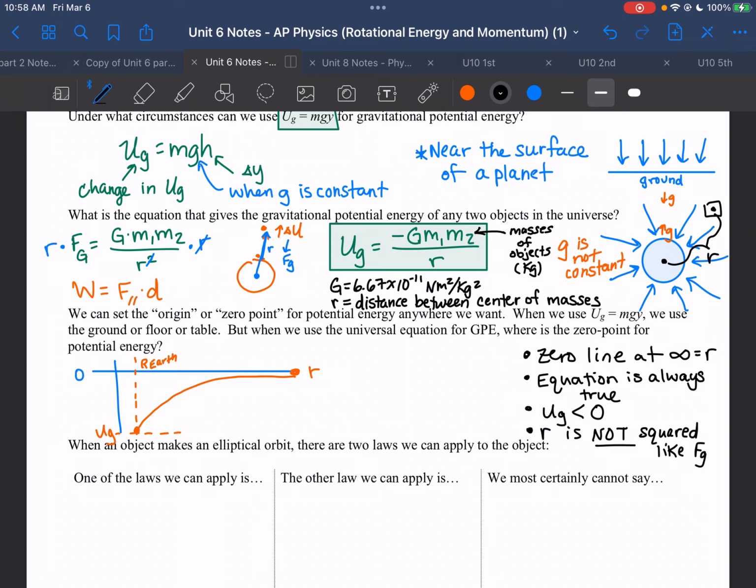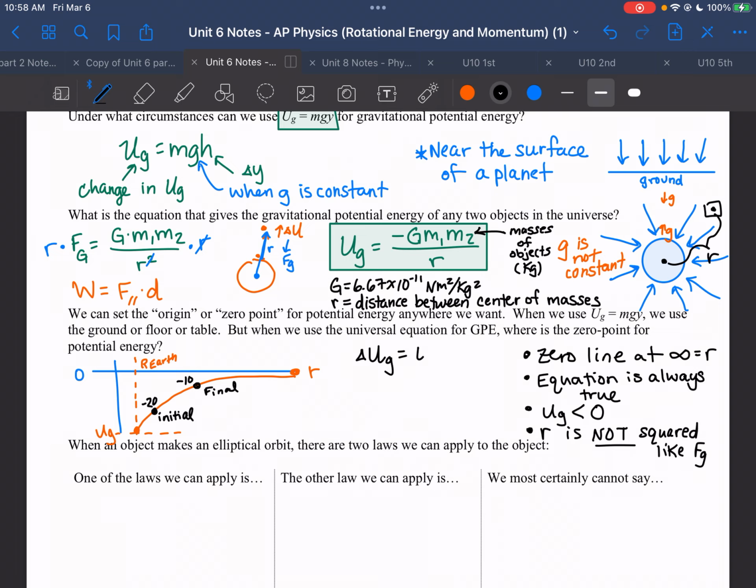Now, the reason this makes sense is if you pick 2 points on here, let's say this is your final destination and this is your initial. Then we should see this change. If you're getting further away, we should see a positive change in your universal gravitational potential energy. So if we take these values, let's say that here this is -10, and this is at -20.